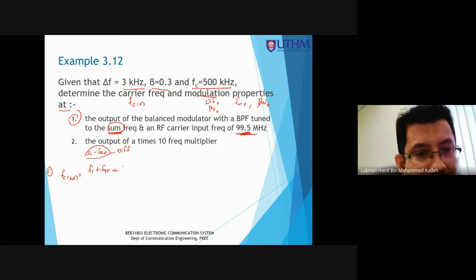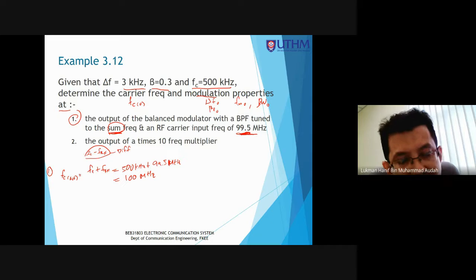So that means 500 kilohertz plus 99.5 kilohertz. Sorry, 99.5 megahertz. So that means you're going to produce 100 megahertz FC out. What about the other parameters?